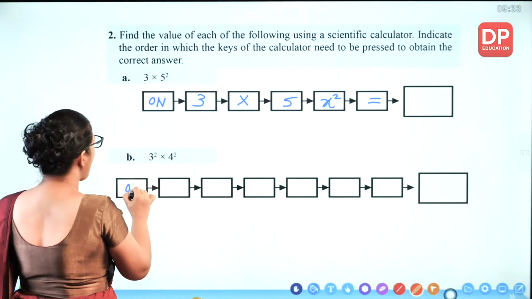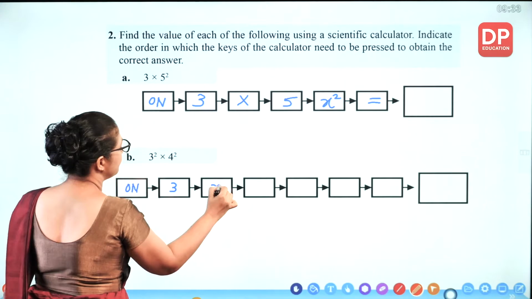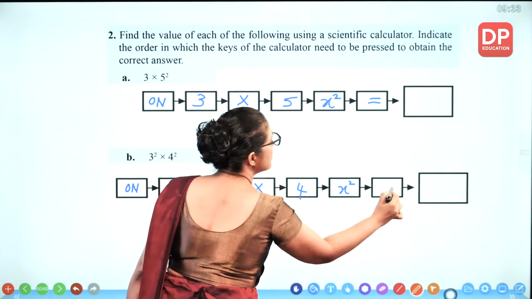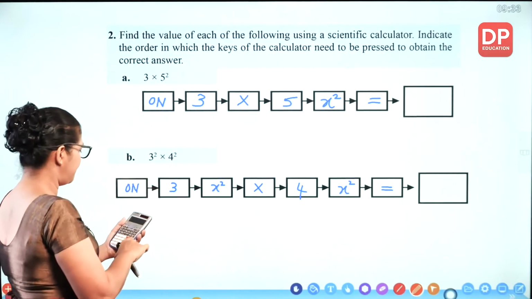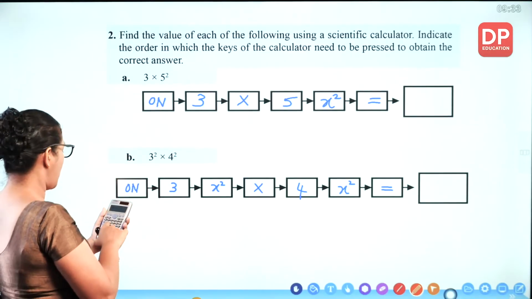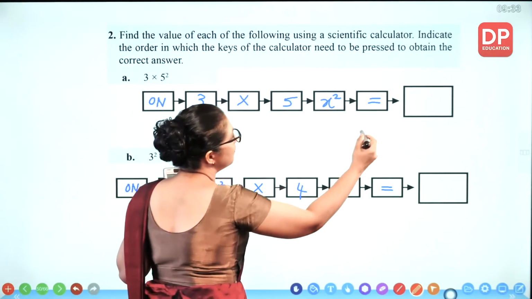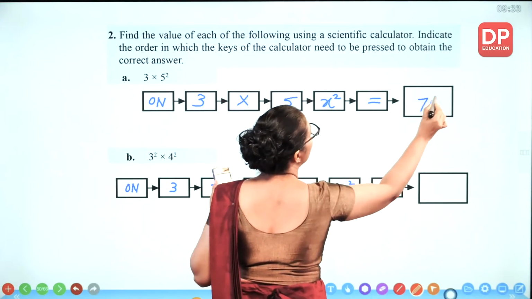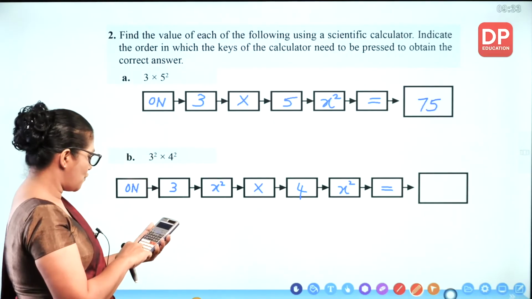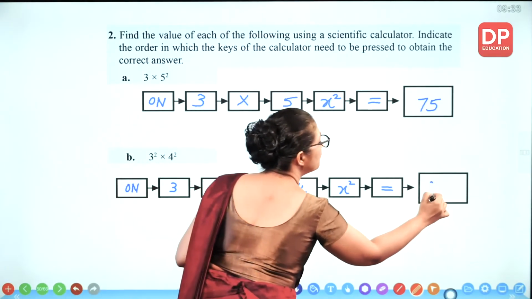This one, switch on. 3 squared multiplied by 4 squared equal sign. 3 into 5 squared, 75. This one, 3 squared times 4 squared, 144.